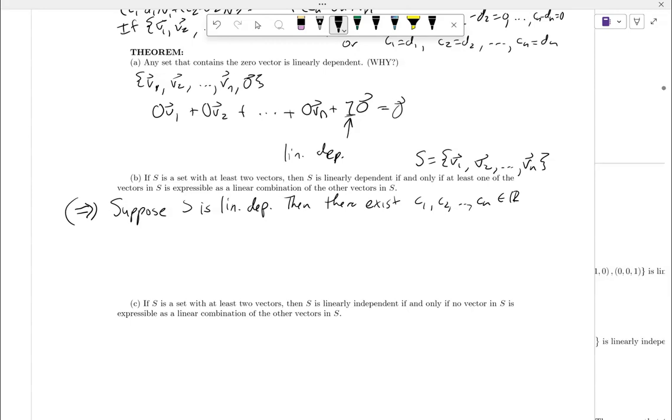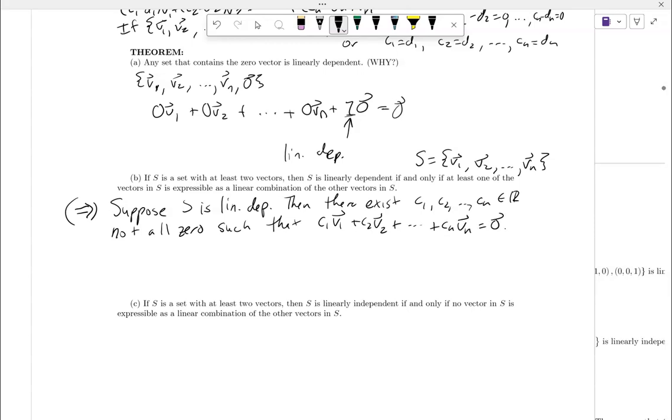So if it's linearly dependent, there exist scalars, not all zero, such that C1 V1 plus C2 V2 out to Cn Vn equals the zero vector.